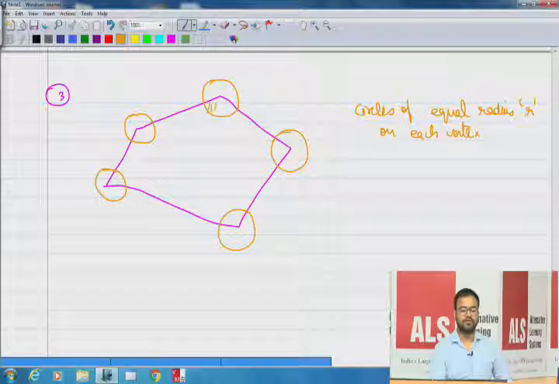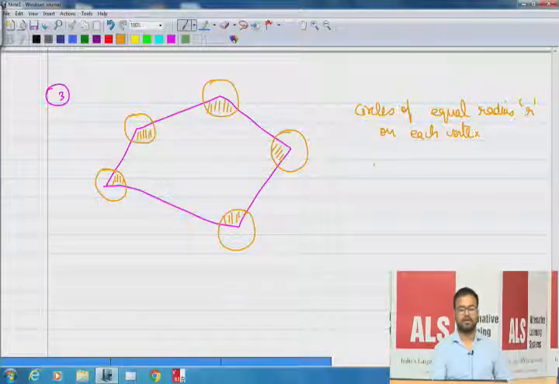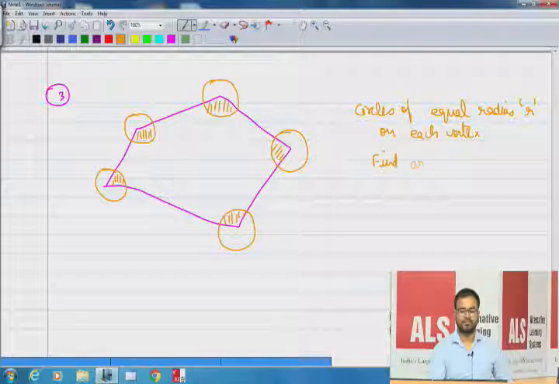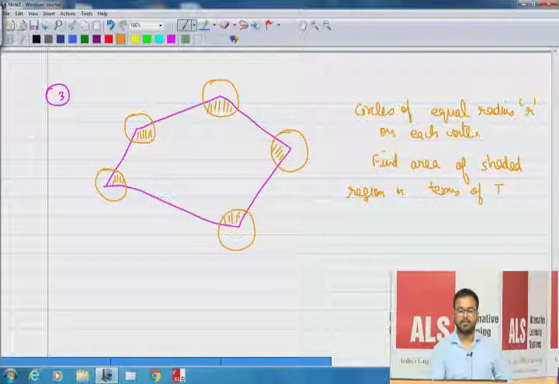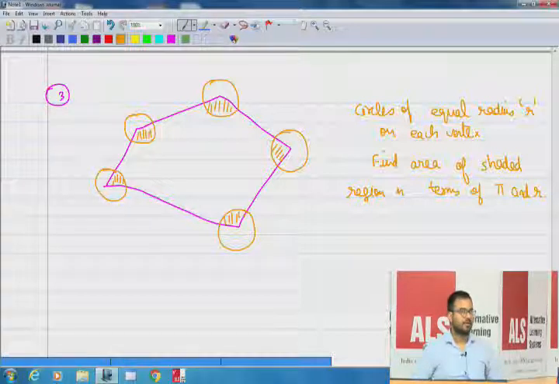So you have to find the area of the shaded region in terms of pi and r. Try this. Find the area of the shaded region in terms of pi and r.